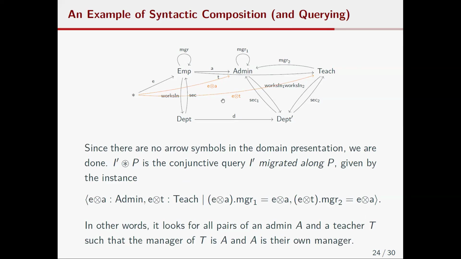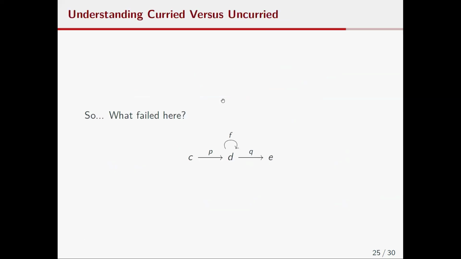The original conjunctive query said, give me all the employees who are their own managers. And now we're saying, give me all the pairs of an administrator and a teacher such that the manager of the teacher is the administrator and the administrator is their own manager. So it makes sense intuitively.